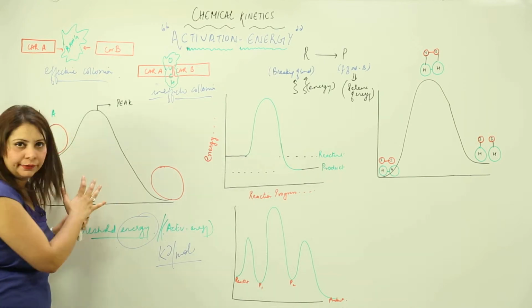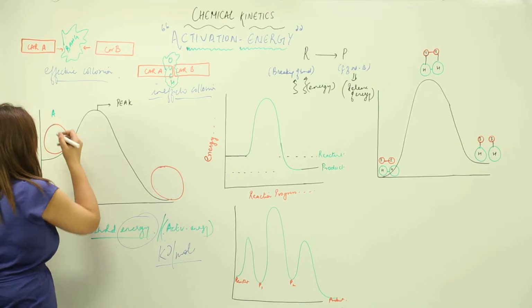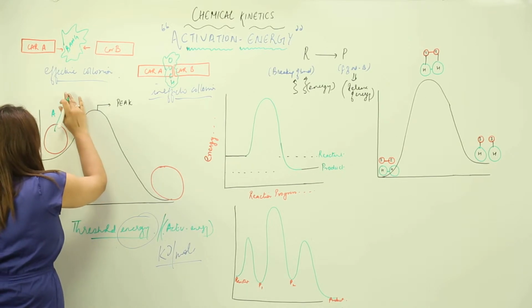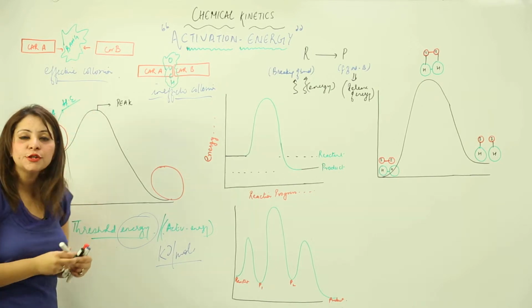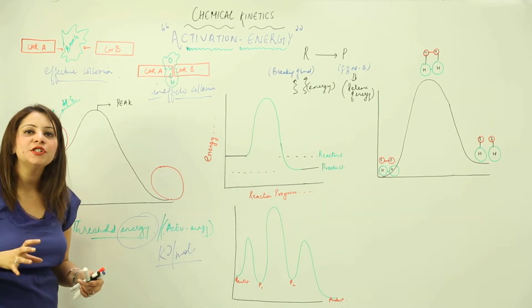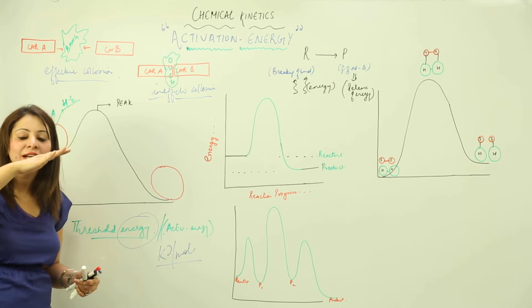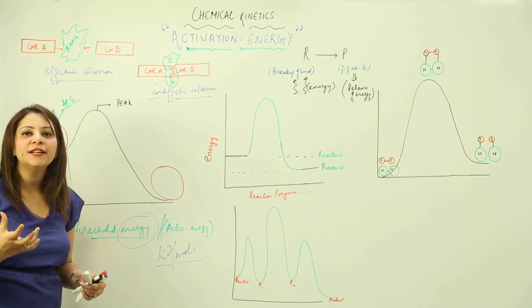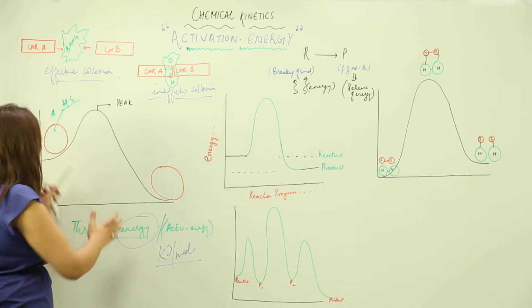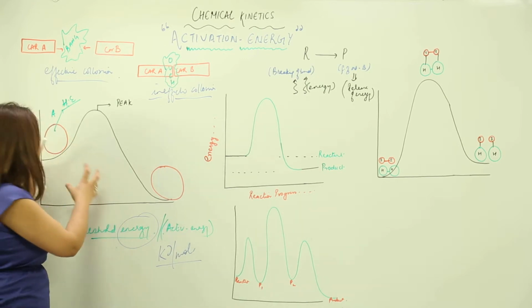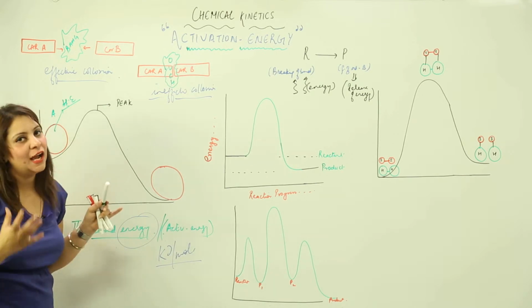So it stays here. This state corresponds to a state of higher energy, because it is at a certain height, right. And we know that in terms of potential energy, when height is more, obviously the energy is going to be more. So when ball A is at this point, it possesses the higher energy.